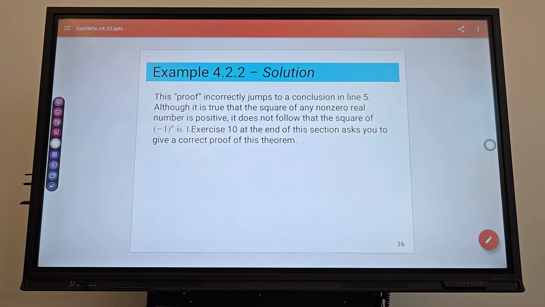It incorrectly jumps to a conclusion in line 5. Although it is true that the square of any non-zero real number is positive, it does not follow that the square of minus 1 to the a is 1. Exercise 10 at the end of this section asks you to give the correct proof of this theorem.